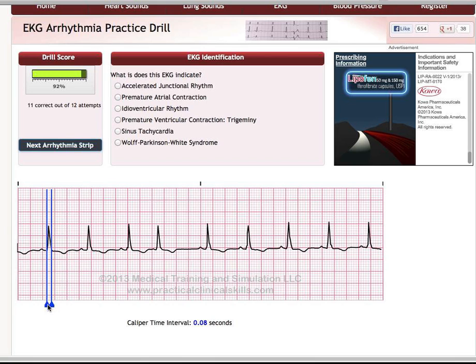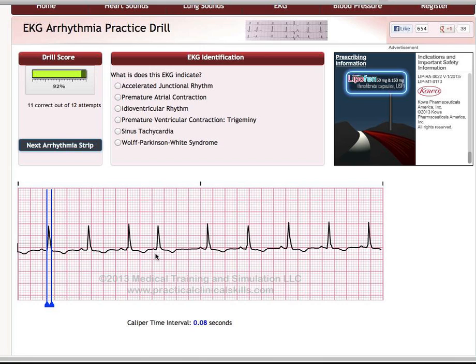So what's going on with this patient? Well, let's look at our P waves here. This P wave looks normal. This one looks like this one. This one looks like this one. However, when we look at this P wave here compared to this P wave here, there's a difference, isn't there? This one right here almost looks kind of sinusoidal. It has a slight downward dip first, and then it comes up, and the upward deflection isn't as big as this one back here.